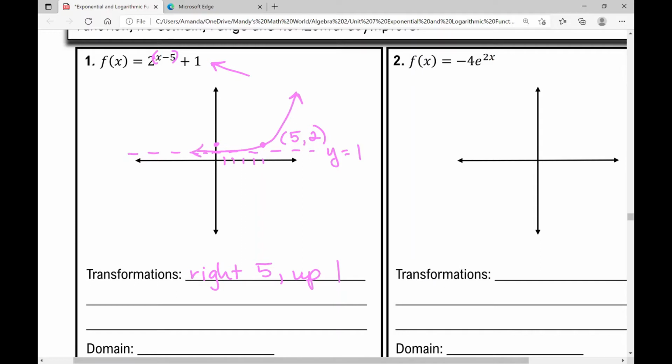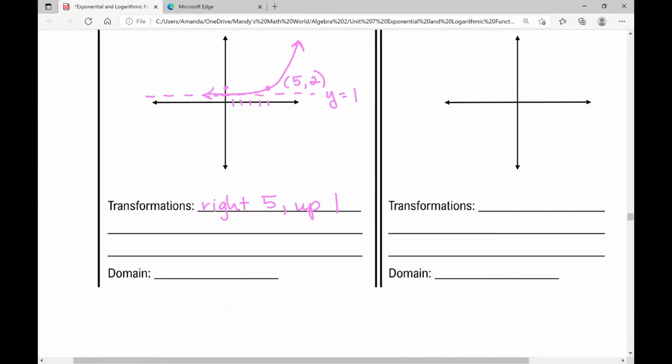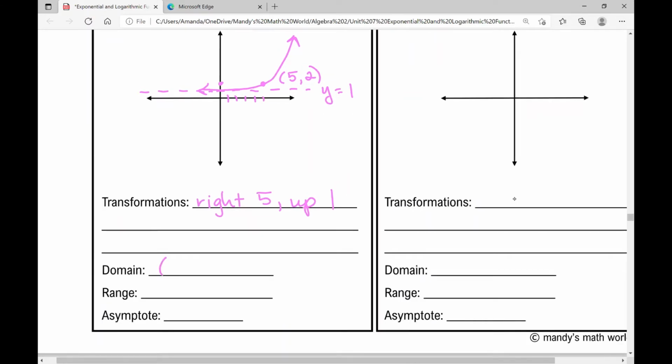We didn't dilate it, we didn't flip it. So the domain stays the same, negative infinity to infinity. Because we shifted this function up 1 unit, our range is not 0 to infinity anymore, it's 1 to infinity. And remember, we're not including that 1 because that's the asymptote at y equals 1.